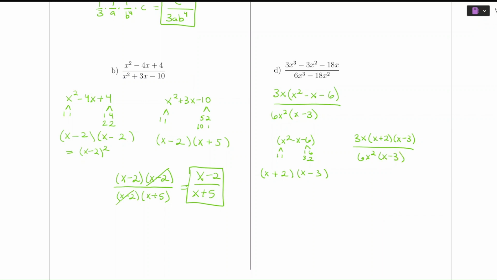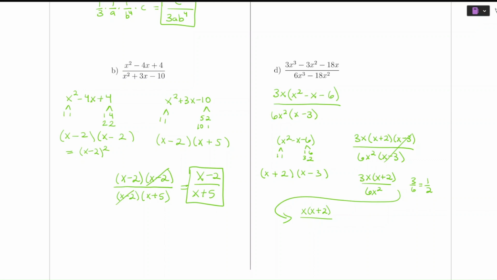And so now I notice that I can cancel these terms out. So I have 3x times x plus 2 over 6x squared. And now 3 divided by 6 is going to be 1/2. Okay, so I can write this as x plus 2 over 2x squared.